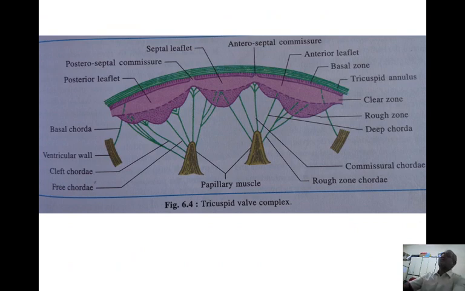So here we are showing discontinued lines for the attachment of this chordae, and that is because they are in the posterior aspect. This is the anterior aspect, the atrial surface, whereas in the posterior aspect we have the ventricular surface. So we are showing chordae as dotted lines.